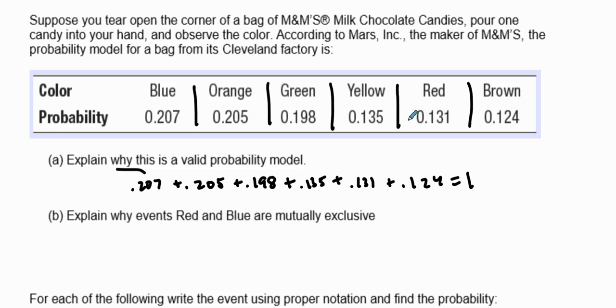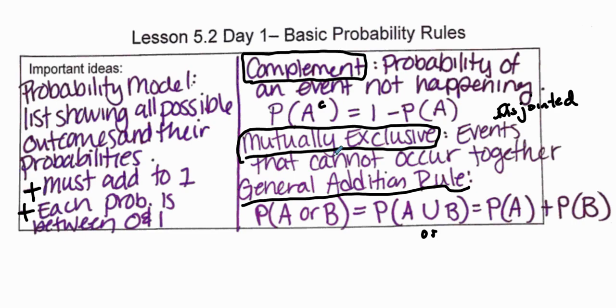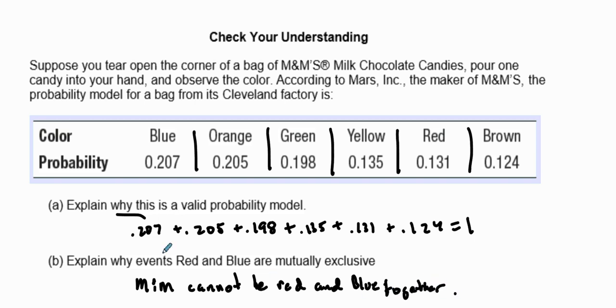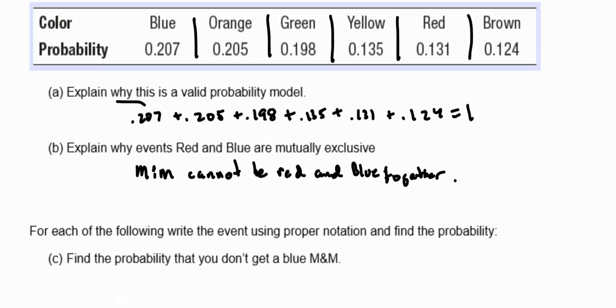And the answer is no. So an M&M cannot be red and blue together. And that's what we know, and so that's why it makes it mutually exclusive.